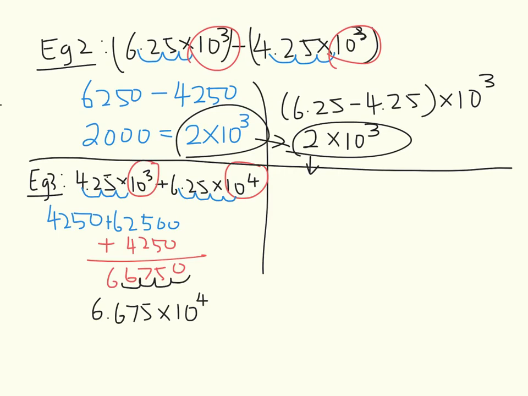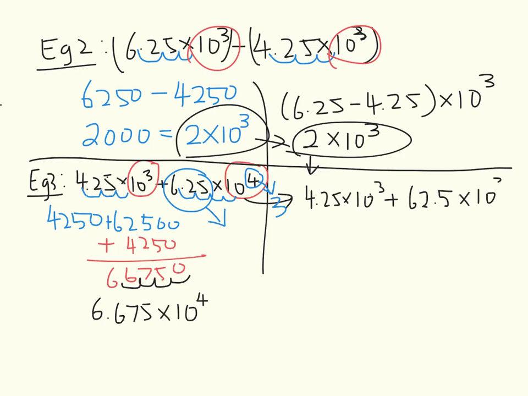So I'm going to write it as 4.25 times 10 to the 3 plus, in order for us to decrease this power of 10 from 4 to 3, I will increase this number by 1 decimal place. So I end up with 62.5 times 10 to the third.